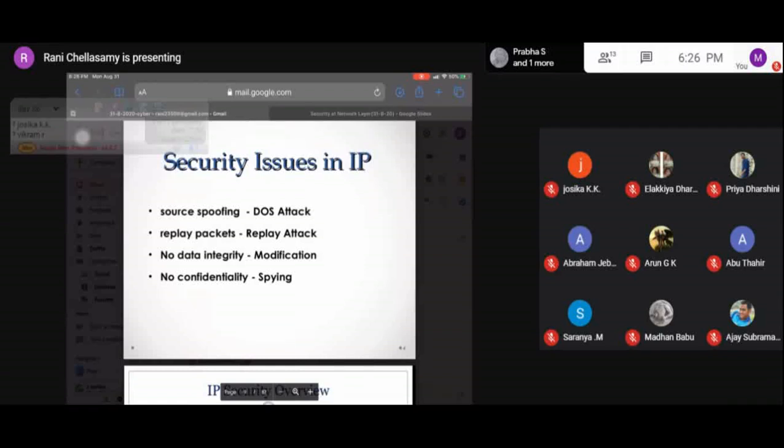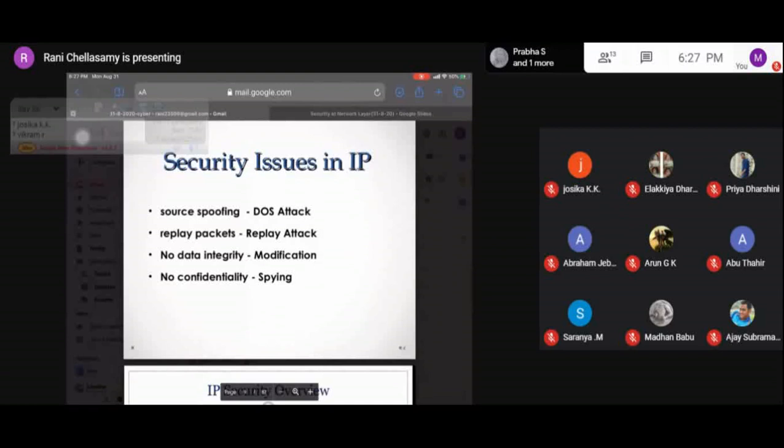There could be a chance of source spoofing and replay packets. Replay packets means once again we are sending or transmitting the old packets. That is replaying the packets, which is called a replay attack in the network. No data integrity is maintained, that is, modifications can be done.